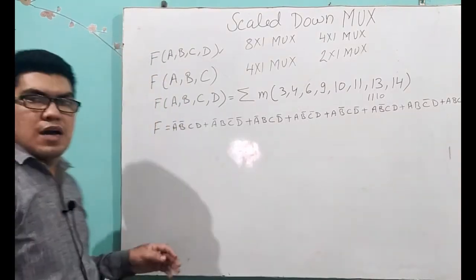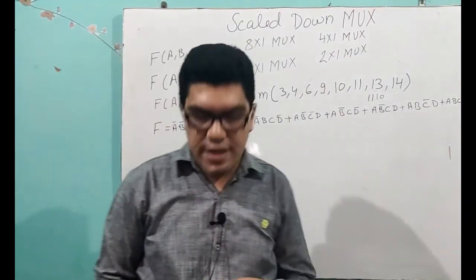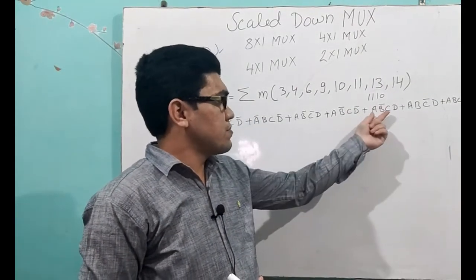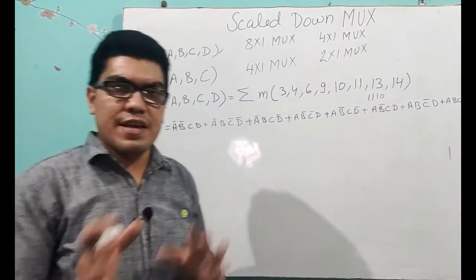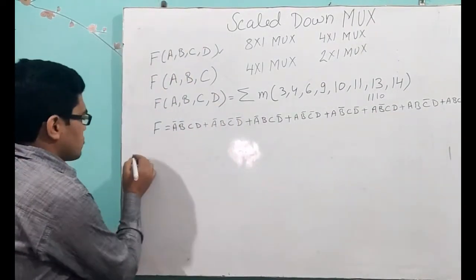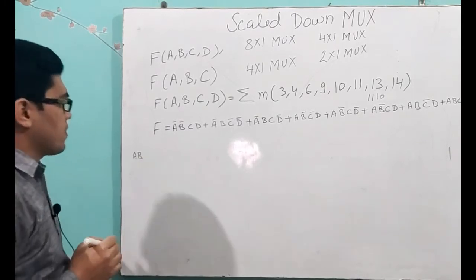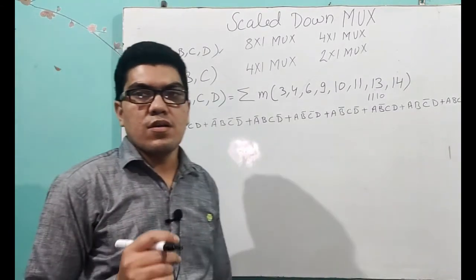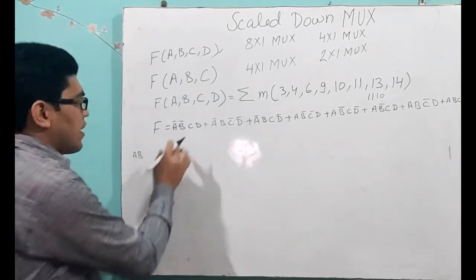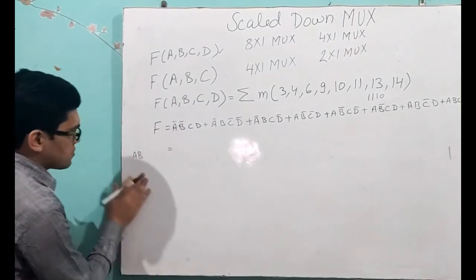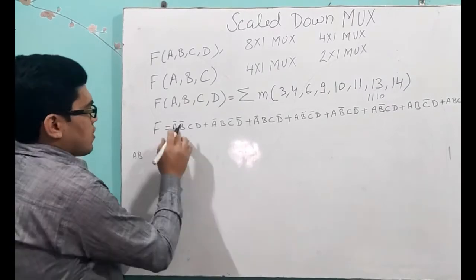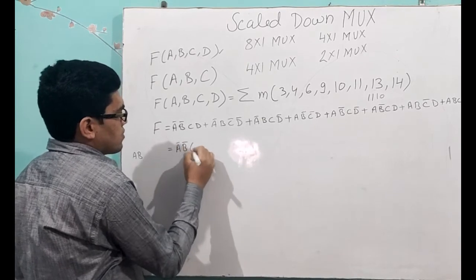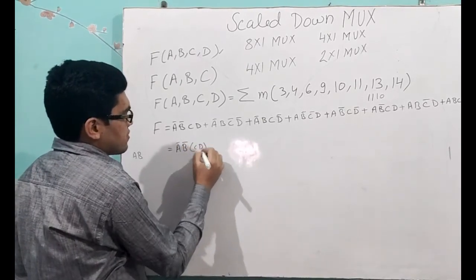Now here what you have to do is take any 2 variables common. Here I am taking AB, but you can take any 2. So you have to take out the terms which have AB. Here, A bar, B bar is common, CD.